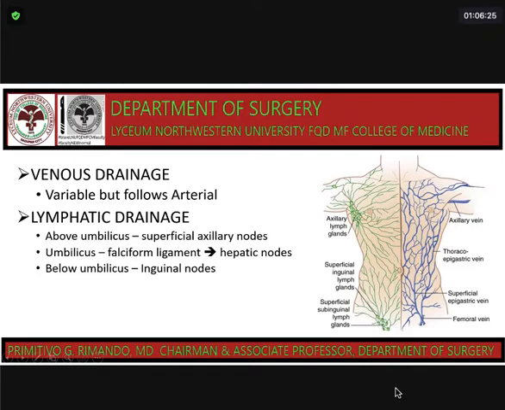At the level of your umbilicus, of course, it can go down or it can go up, but an additional location where lymphatic drainage goes is to the hepatic nodes.